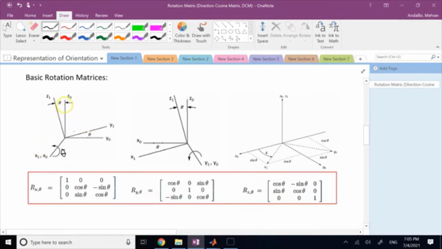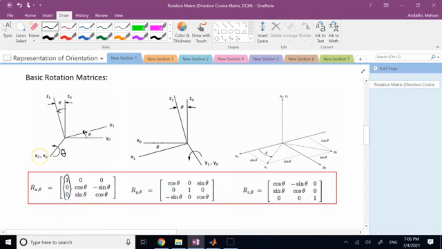So here you see z0 has gone counterclockwise to get z1, and y0 has gone counterclockwise to get y1. Now if you project x1 along x0, you see x1 is fully along x0, so the first component is 1, and since x1 is perpendicular to y0 and z0, the next two numbers are 0. So you clearly see why the first column is 1, 0, 0.